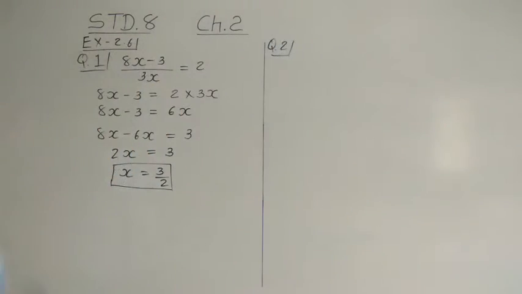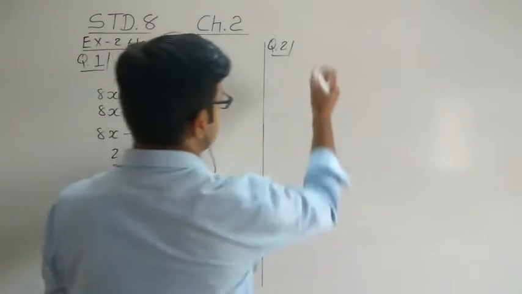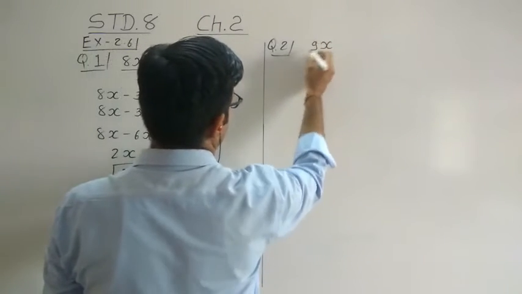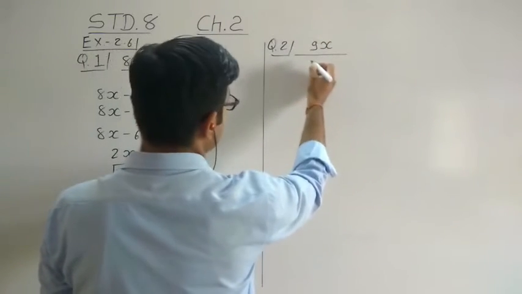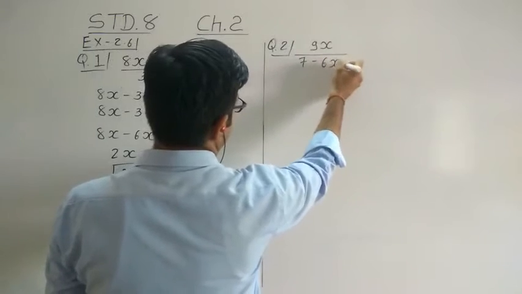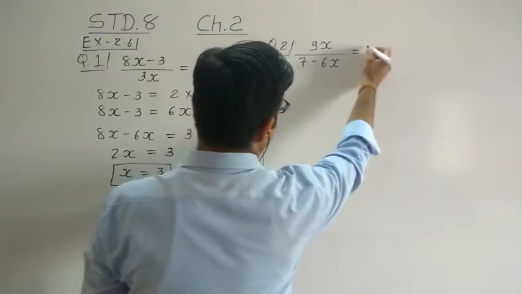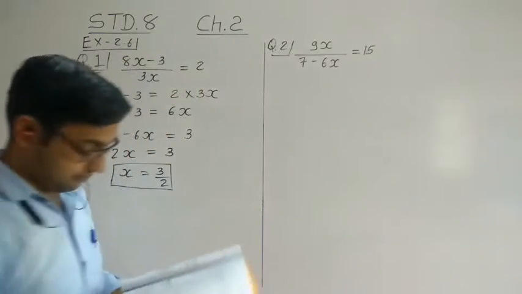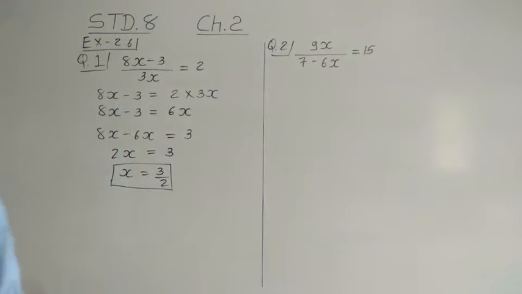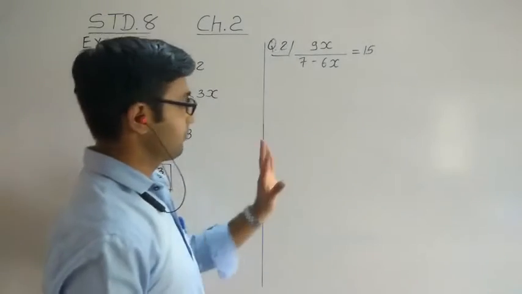Question number 2 is 9x upon 7 minus 6x, and the total here is 50... 1 by 50. Okay, the same method we have to see here.